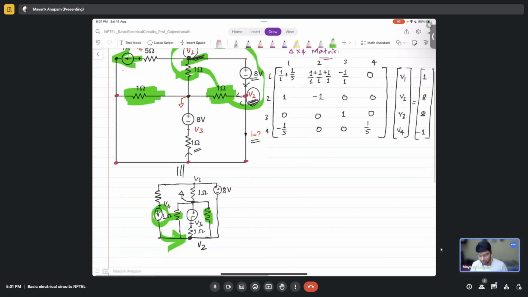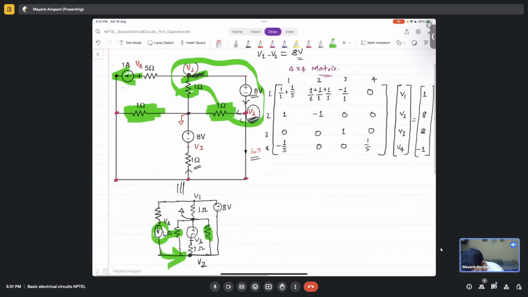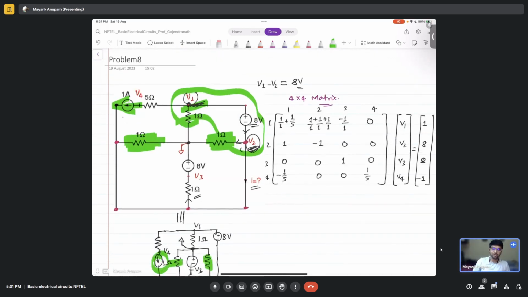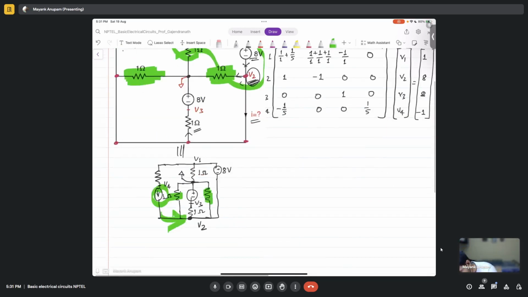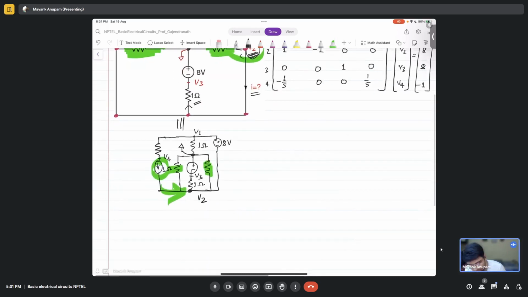Yes, sir. And if you know something about source transformation, do you know what is source transformation? Conversion of voltage source to current source. It's basically nothing but Thevenin and Norton's equivalent, nothing else.